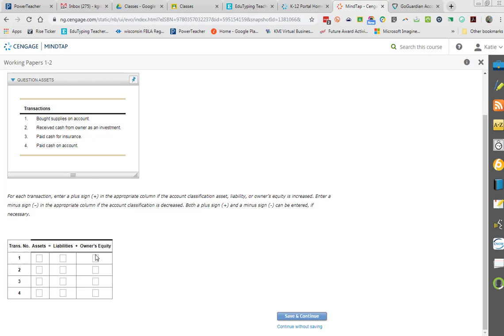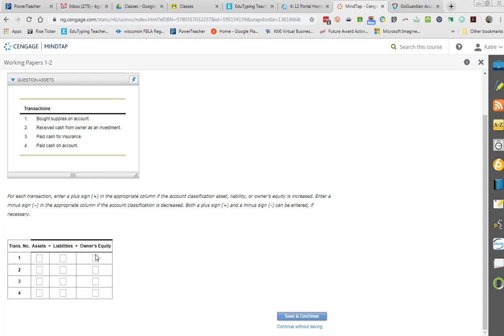So I'm looking at just this one right here. So, bought supplies on an account. So investment is a good option, but what about for number one? Yeah, I couldn't point any closer. So supplies, agreed? Now, supplies, is it asset, liability, owner's equity?